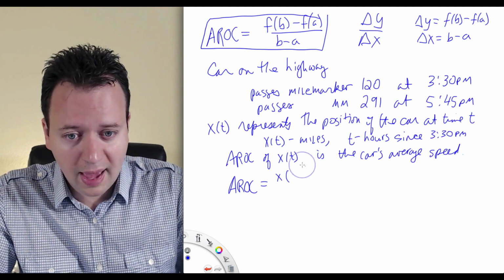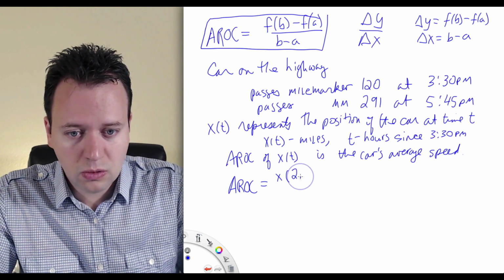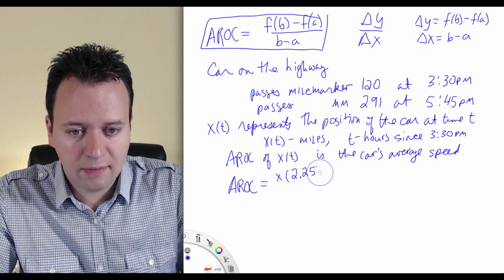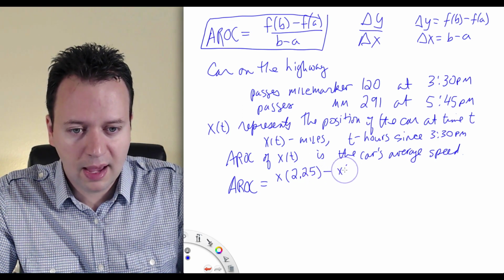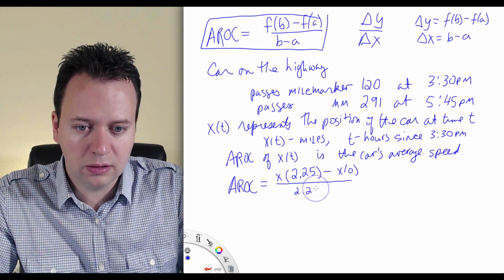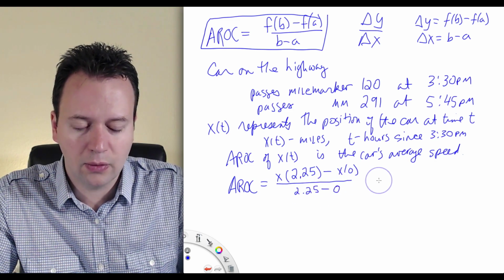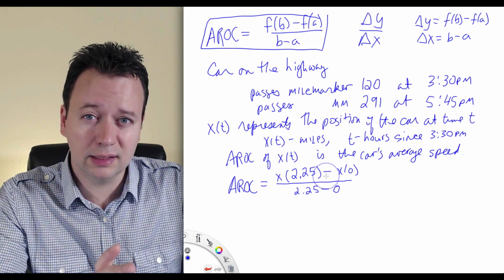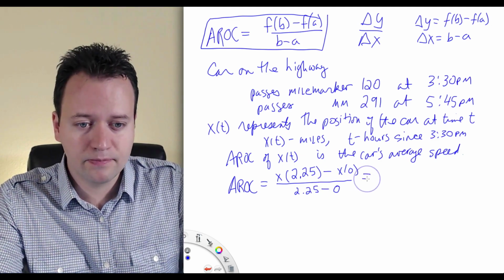So we're looking at x of 2.25 minus x of 0 divided by 2.25 minus 0. So we have the change in distance divided by the change in time.